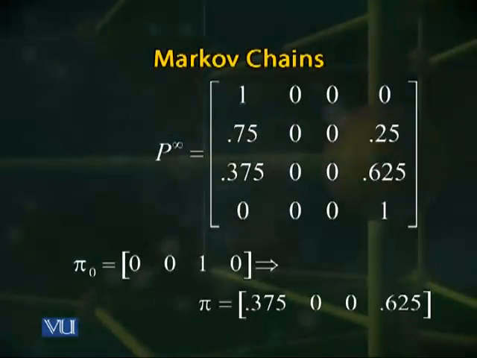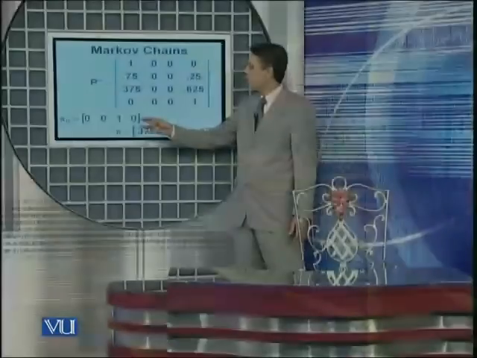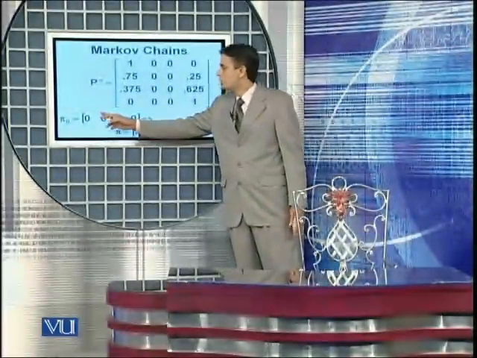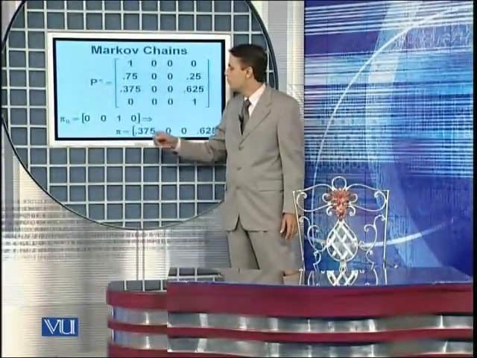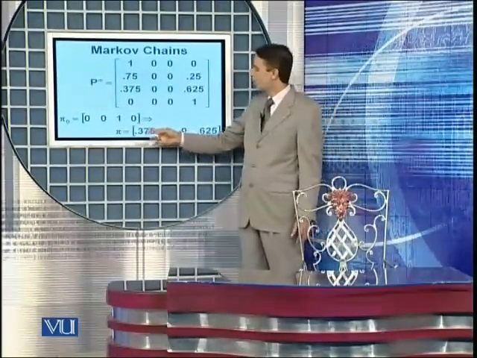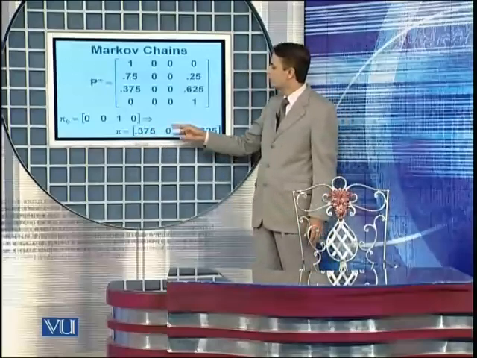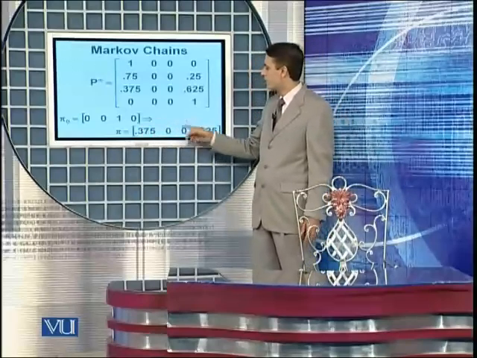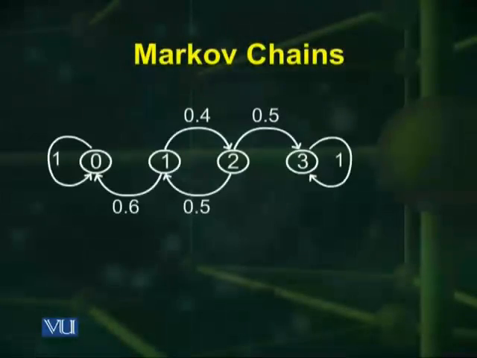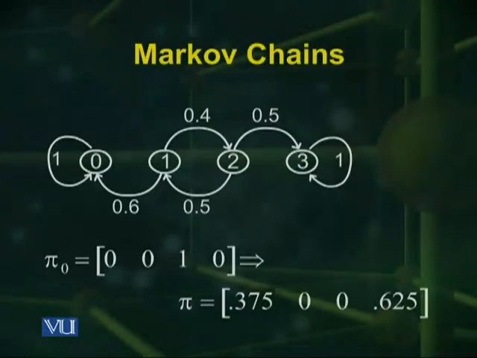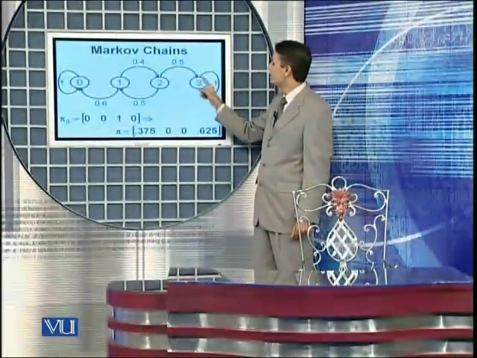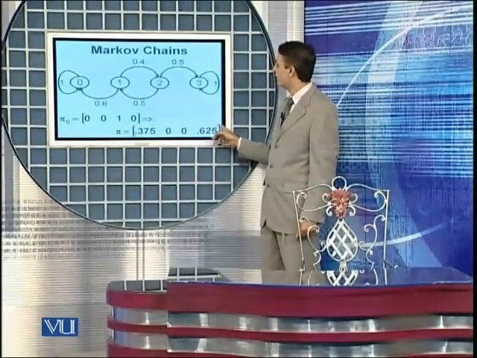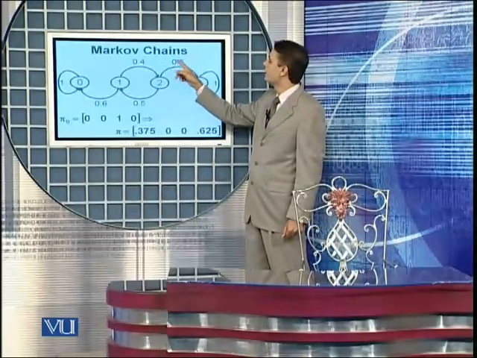Let's see what happens if we start in the next state. If we start with an initial probability distribution of 0, 0, 1, 0, that is, we start in state 2, then we will end up with a long-term stationary probability distribution of 0.375, 0, 0, 0.625. Looking at the graphical representation of this Markov chain, if we start from state 2, getting trapped in the neighboring state 3 has a probability of 0.625, which is higher than 0.5.